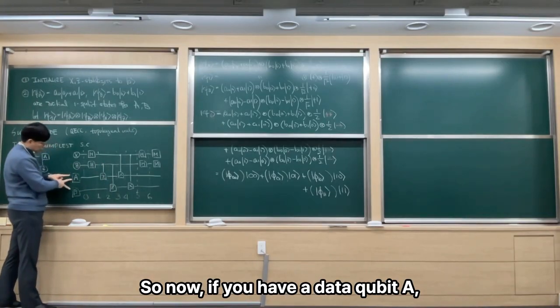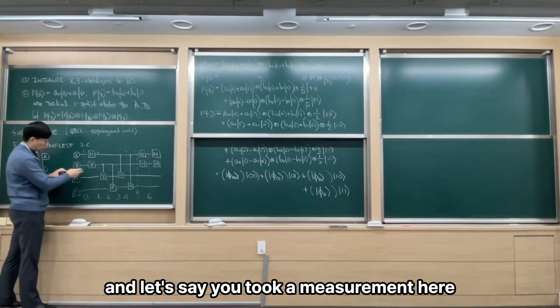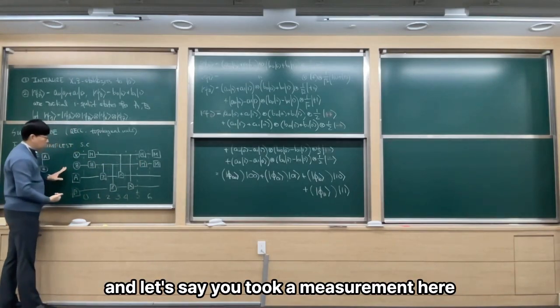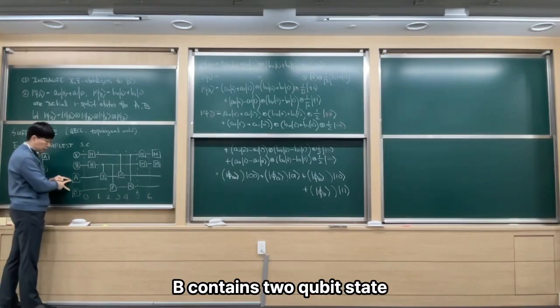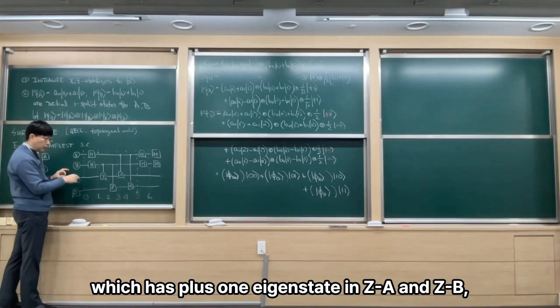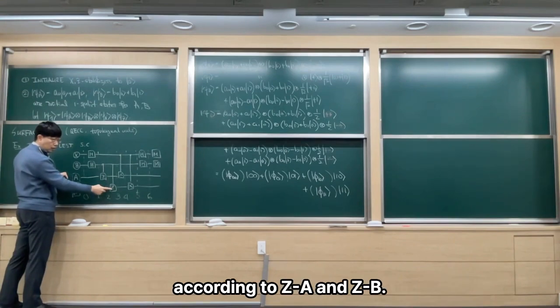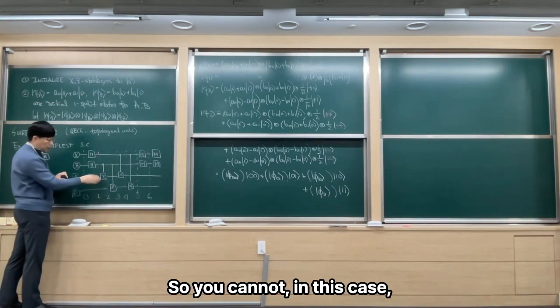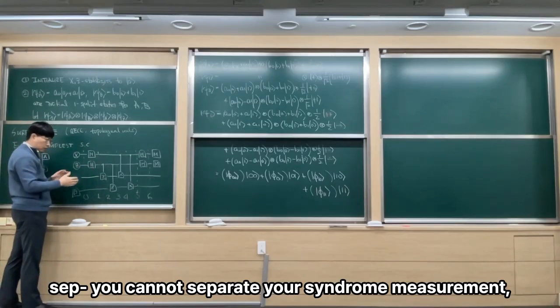So this stabilizer has 2 controlled-Z here. So now if you have data qubits AB as a 2 qubit state, and let's say you took a measurement here and got 0, then your data qubits AB contain a 2 qubit state which has +1 eigenstate according to ZA and ZB. So in this case you cannot separate your syndrome measurements from each other.